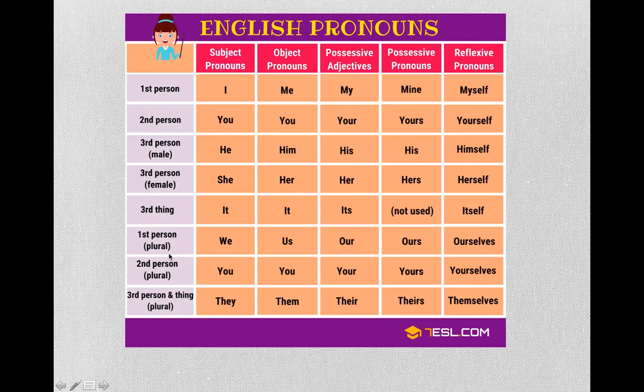That means you're referring to just one thing, right? Now, if you're talking about more than one, we use these plural pronouns: we, us, our, ours, ourselves. You, your, yours, yourselves. They, them, their, theirs, themselves. Knowing how and when to use these is your standard.